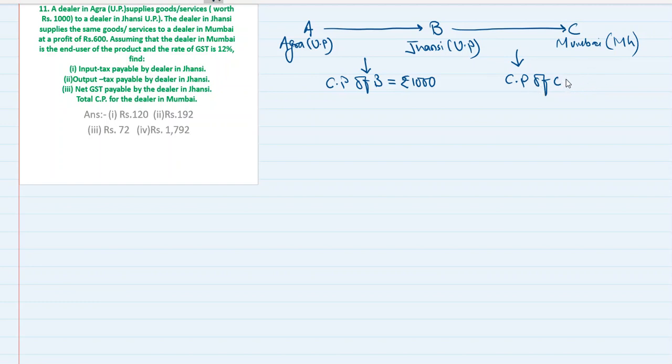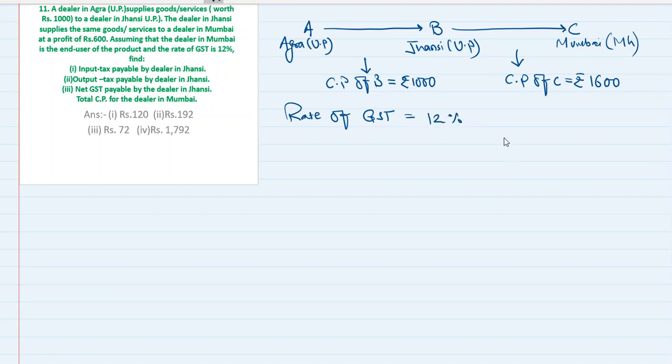So cost price of C is equal to rupees 1600, that is 1000 plus 600. Assuming that the dealer in Mumbai is the end user, the rate of GST is equal to 12%.